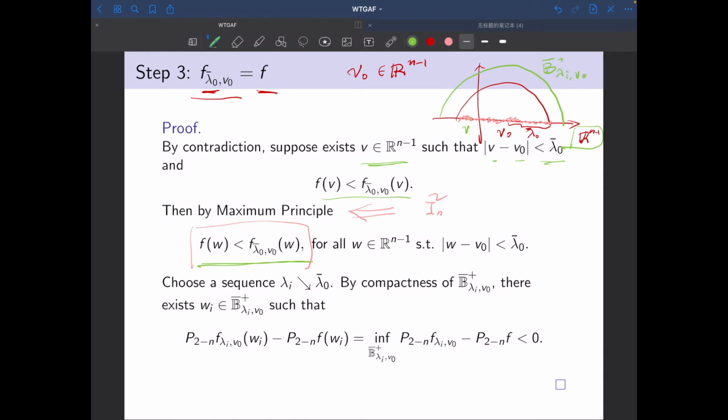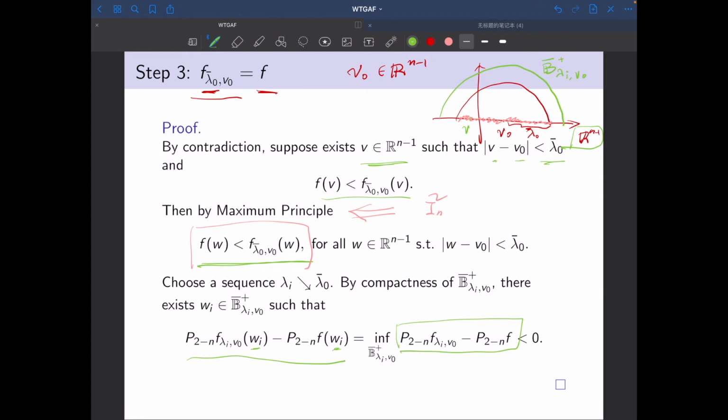And then these two functions are going to be continuous. Then by compactness of the closed half ball, there would be a point Wi which is the infimum point of the difference between these two functions.